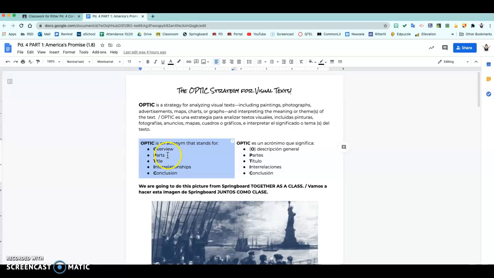So the overview is where you are just giving your first impression of what the visual text is about. Parts is where you zoom in on a few details that you think are important about the visual. Title is seeing what you can gain from the title or caption of the picture.